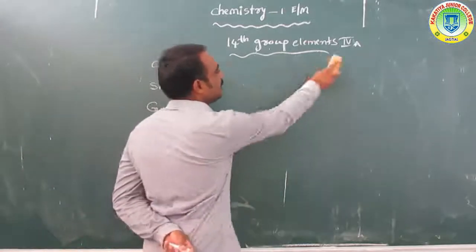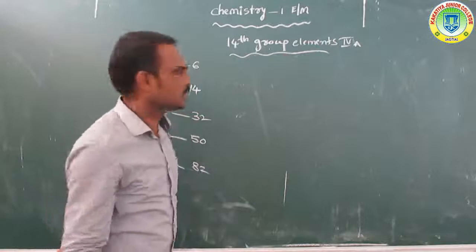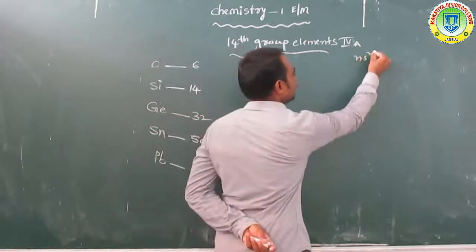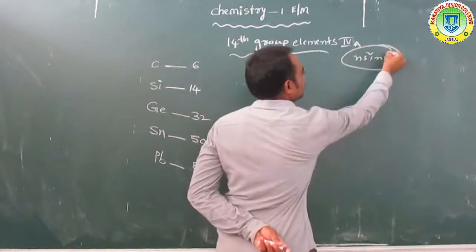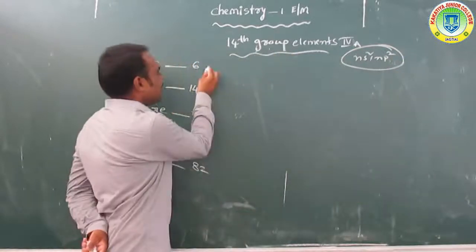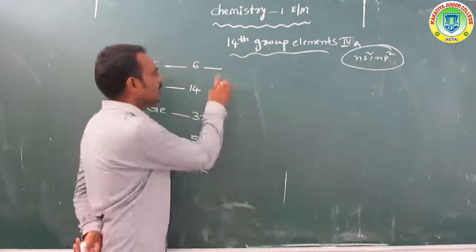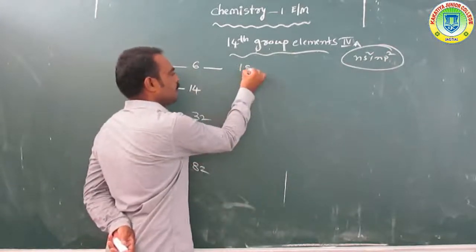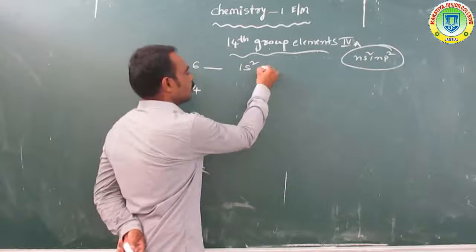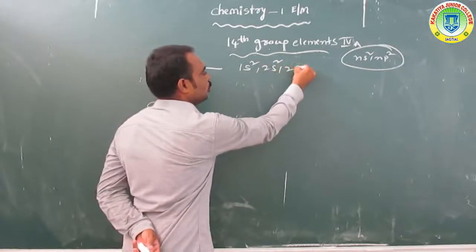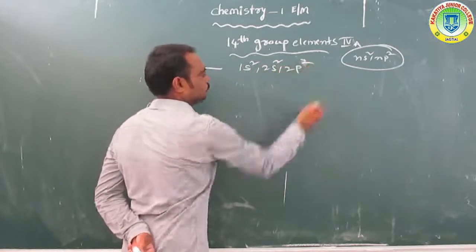Carbon has a total of 6 electrons. We write the electronic configuration of carbon: 1s2, 2s2, 2p2.